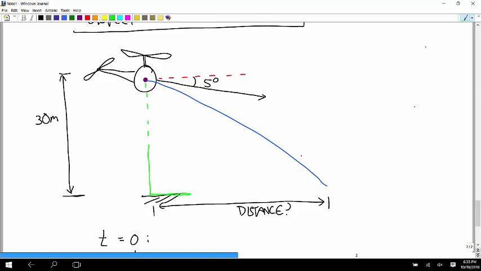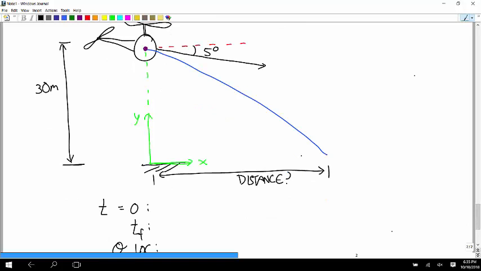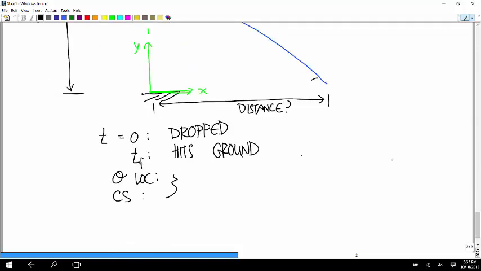Time equals 0 is when it's dropped. Time final is when it hits the ground. The origin location is on the ground. The y-axis is up, like shown.